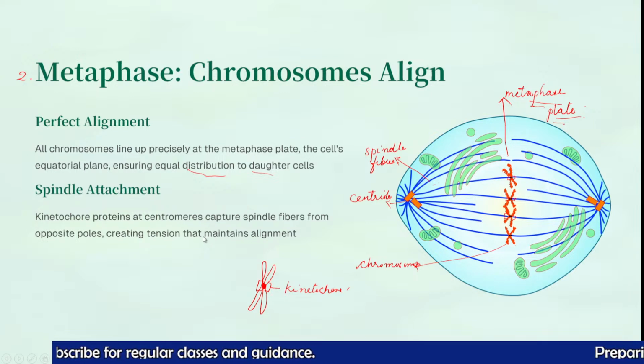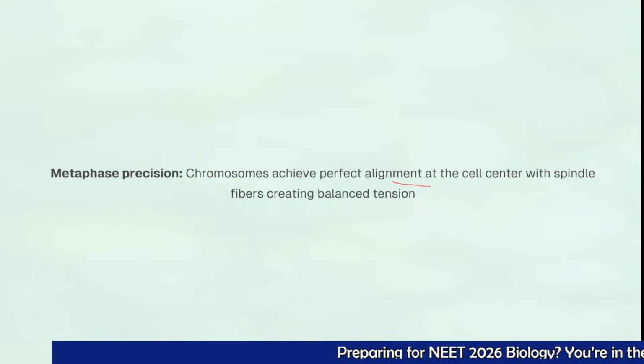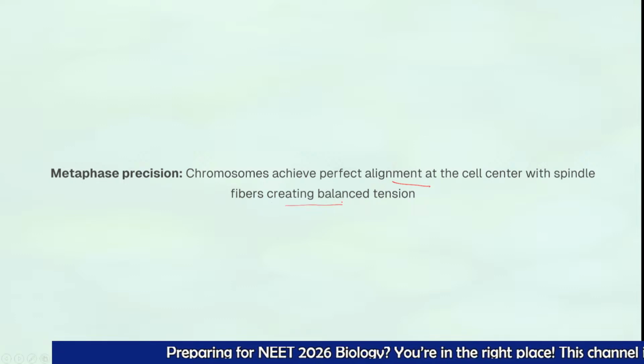I hope this part is clear. So for metaphase, remember the key events: chromosomes achieve a perfect alignment at the center with the spindle fibers creating a balanced tension.